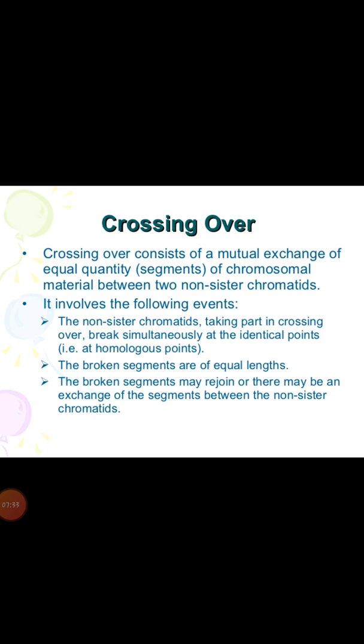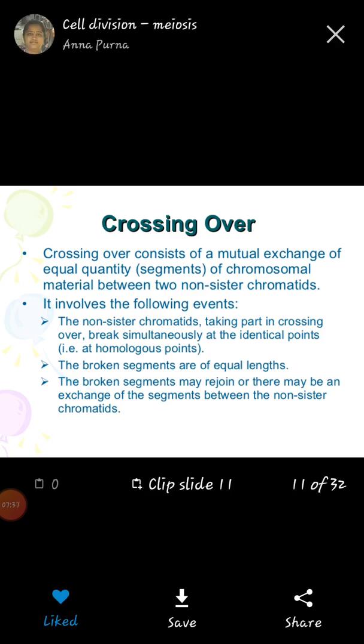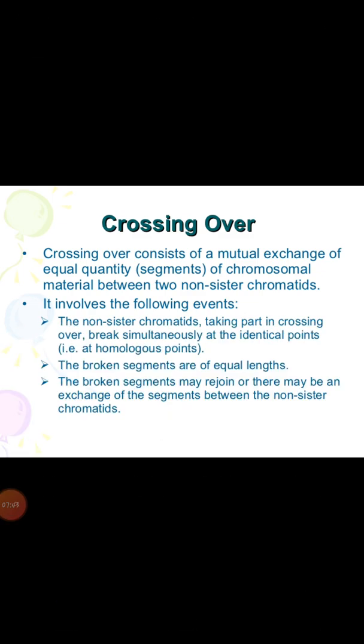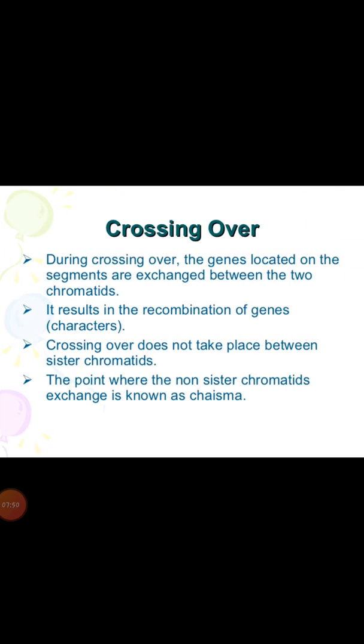The broken segments are of equal length. The broken segments may rejoin, or there may be an exchange of segments between non-sister chromatids. So exchange of genes takes place during pachytene due to crossing over. During crossing over, the genes located on the segments are exchanged between two chromatids.